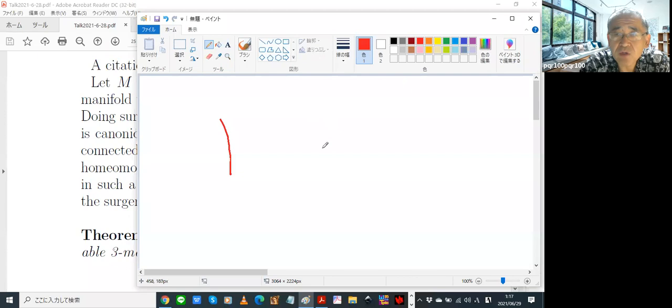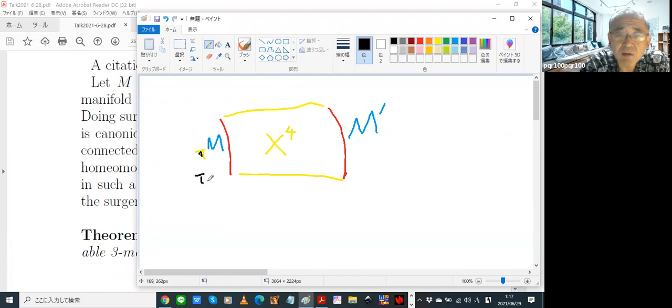Roughly speaking, we have to consider this discussion. M and M prime are 3-manifolds, and there is a 4-manifold. We know the quantum invariant of M and of M prime.